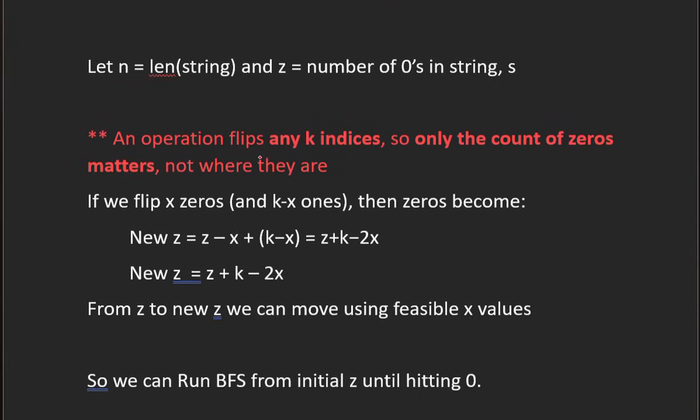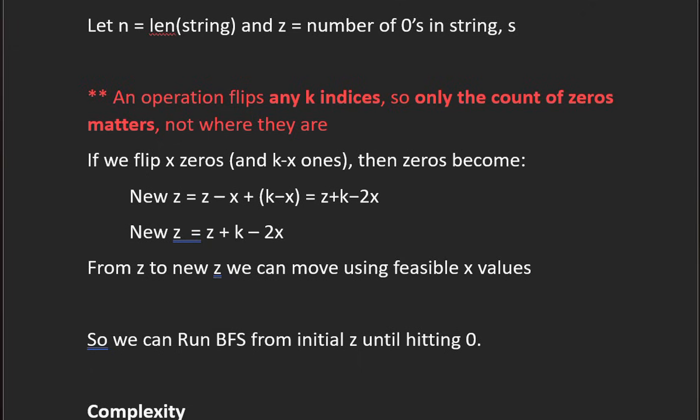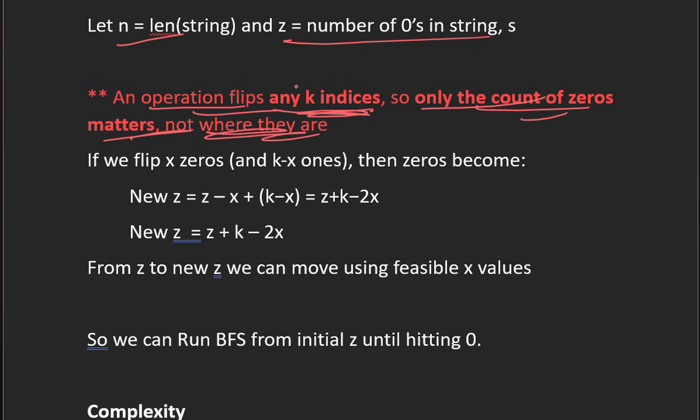Let's see ahead. Suppose n is the total length of the string and z is the number of zeros in the string. Any operation flips k indexes, right? So only the count of zeros matters for us, not where the zeros are present. So what we do is, if we flip x zeros and k minus x ones, what will the new zeros be?